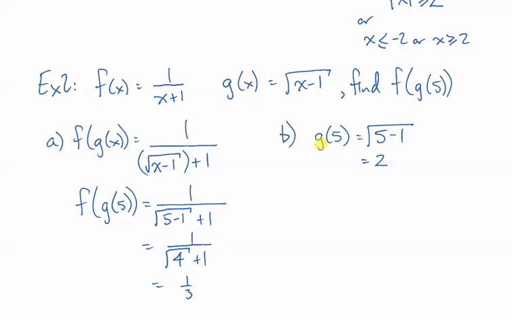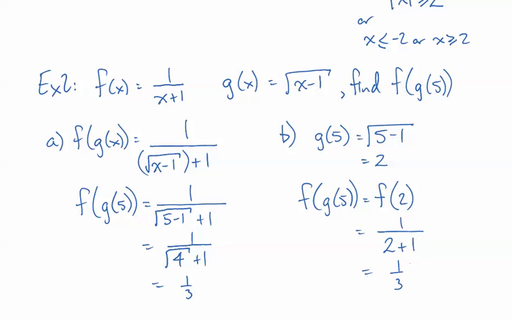So g of 5 is 2. Looking at the question, we were asked, what is f of g of 5? F of g of 5 is the same thing as f of 2, because g of 5 gave the result 2. So what's f of 2? It's 1 over the substitution of 2 into the function f, which is also 1/3, a different way to do the problem.